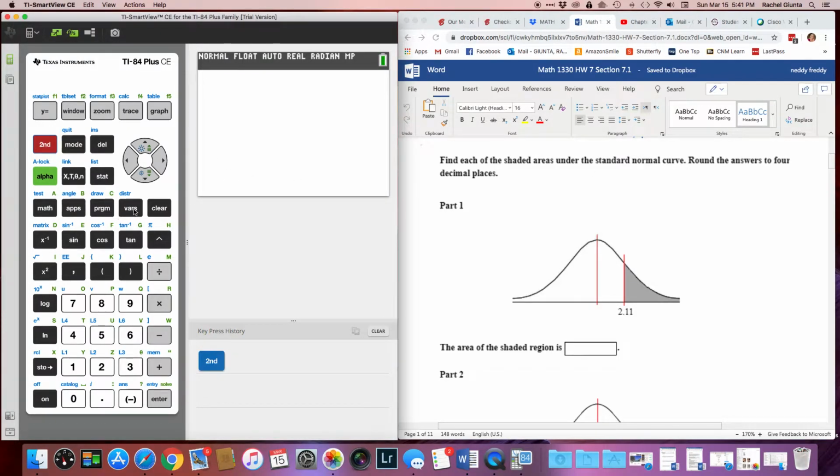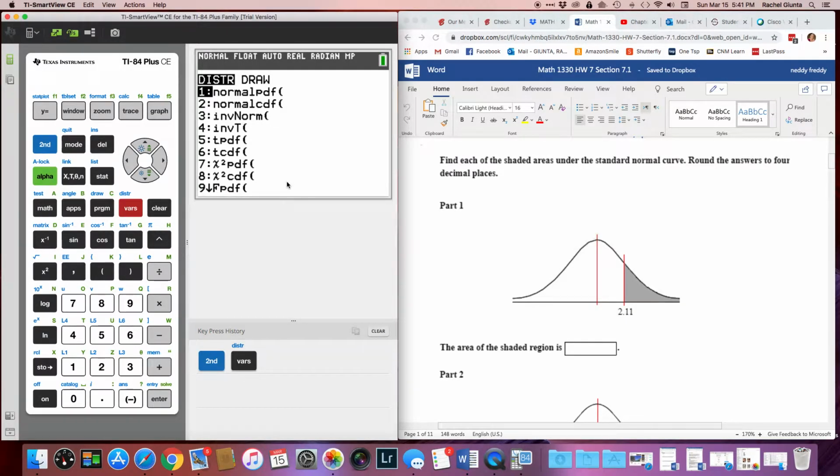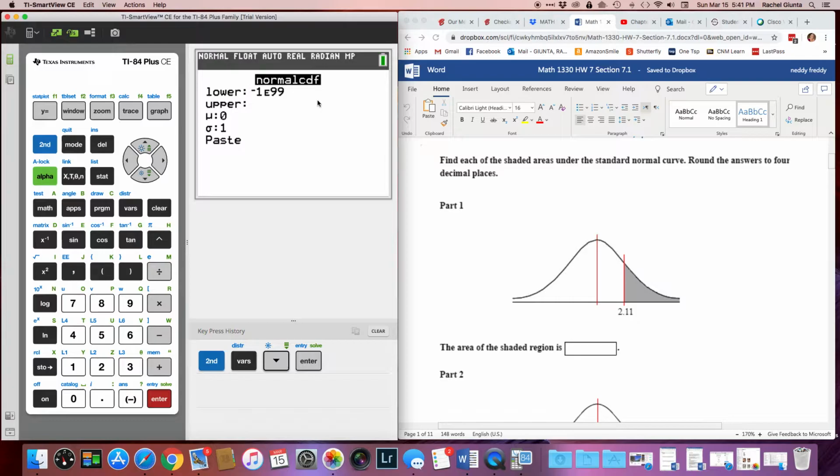Then you'll go to second vars again, like we did in section 6.2. But now instead of going down to any of the binomials, we're going to go to normal CDF. We're not ever going to use normal PDF. So if you want area, you want normal CDF. The lower limit is going to be whatever number is on your left, or the smaller number that you're given.